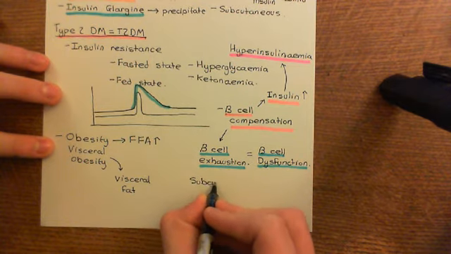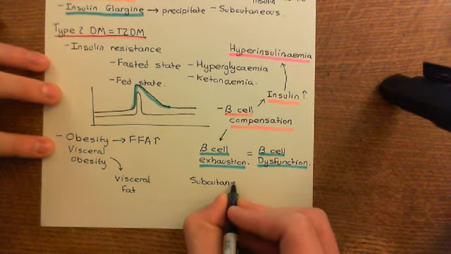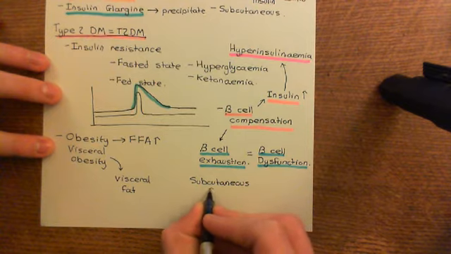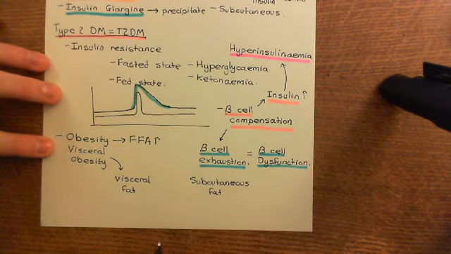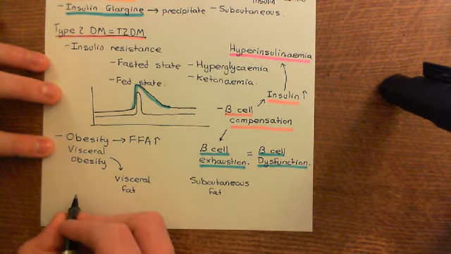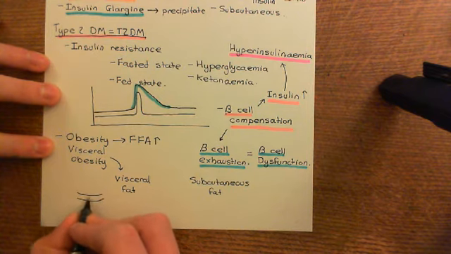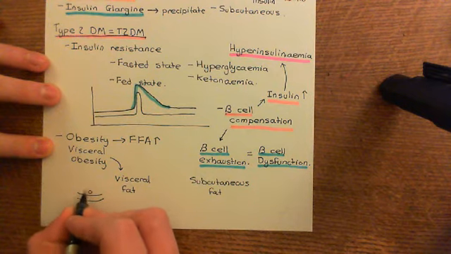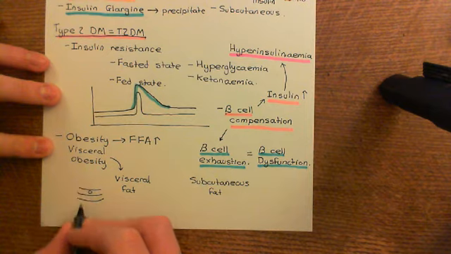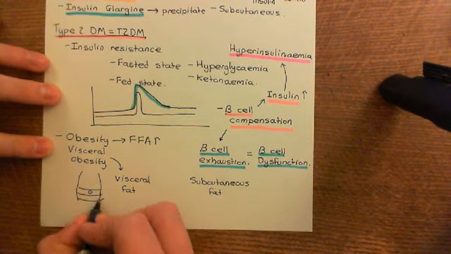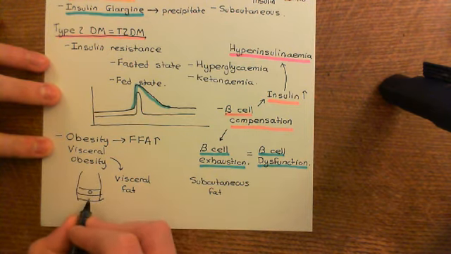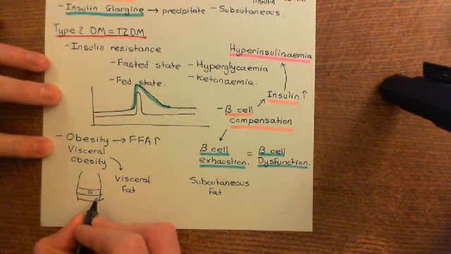Let me draw you pictures of what this means. Subcutaneous fat is fat that's stored just underneath the skin. When people have rolls of fat on their abdomen, I'll try and make it look a little bit more convincing. So there's the belly button, and you might have some rolls of fat like this. This is subcutaneous fat that's rolling like that.